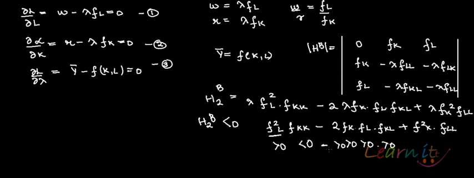But with the minus, this term has become negative. This is positive, since FK is positive, so F square K is positive. And FLL is negative because of diminishing marginal productivity. So the entire thing is negative, and hence H2B is negative. So it means that this is indeed the point of minima.